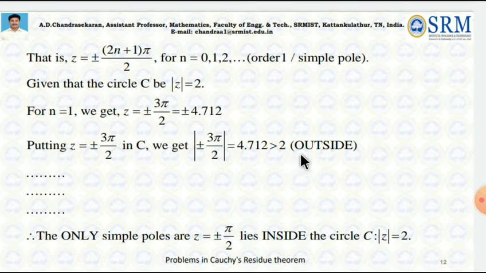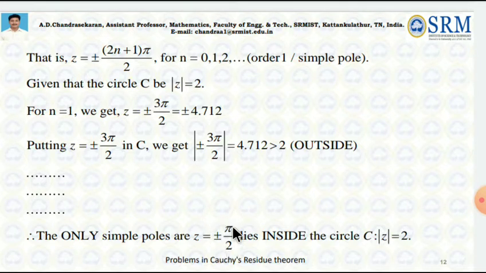It obviously lies outside. Similarly, for n equal to 2, plus or minus 5 pi by 2, n equal to 3, we get 7 pi by 2. All the poles lie outside except plus or minus pi by 2. So these are the only simple poles that lie inside the given circle mod z equal to 2.